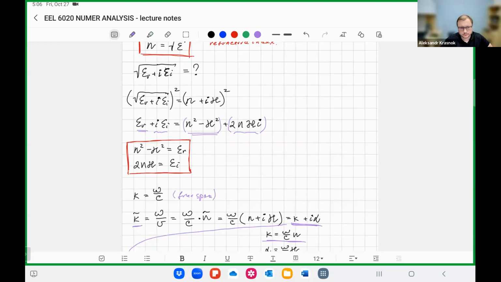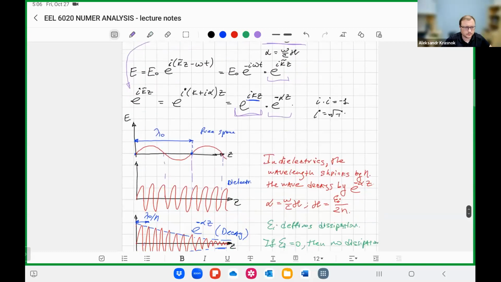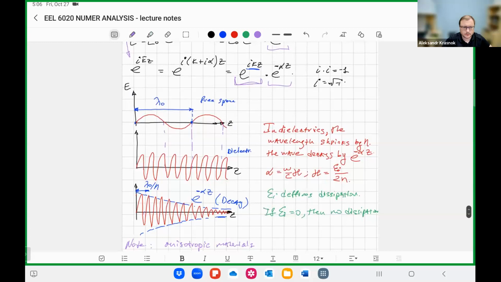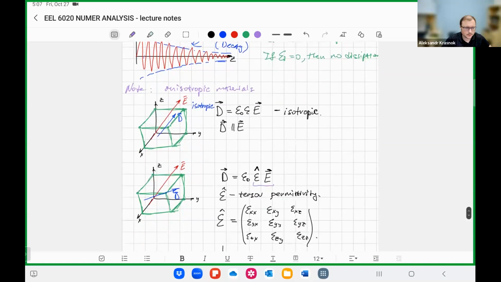So dispersion and loss are basically one the reason of the other. The real part of the refractive index describes how slowly the wave travels through the material, and the imaginary part describes the dissipation in the material. The larger the imaginary part of the refractive index, the faster the field dissipates in the dielectric.